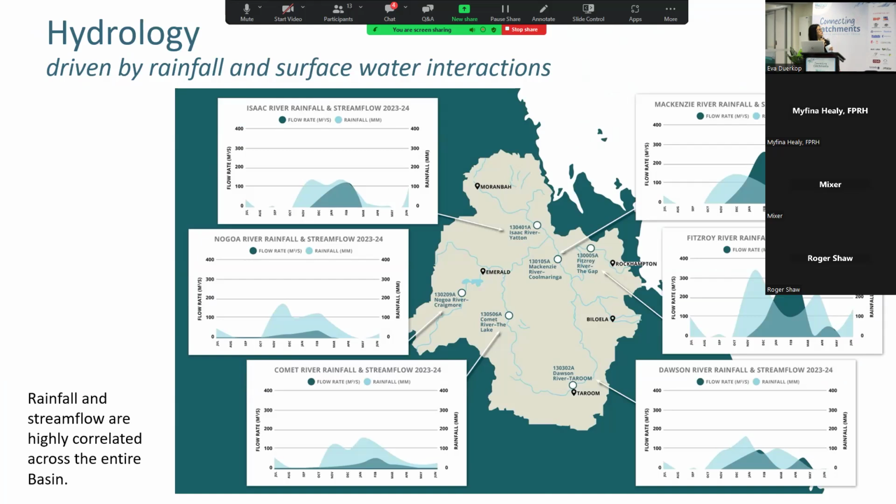So as I said, it's driven by hydrology, and usually there's a very good correlation between rainfall and surface water interaction. So you have rainfall and stream flow.